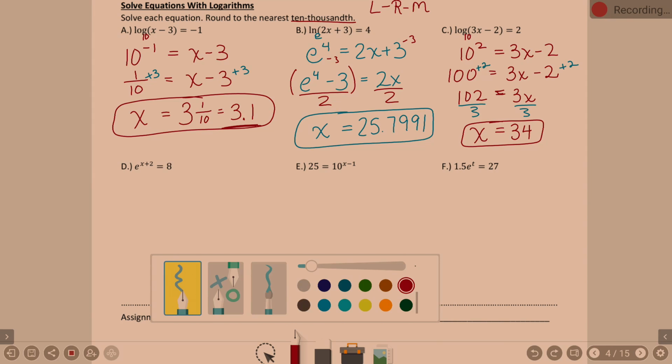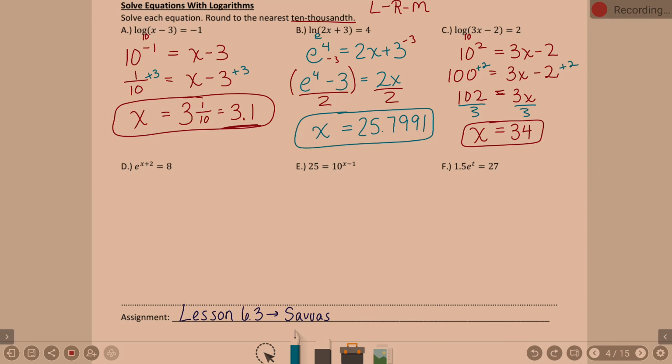If we're going into log form, okay, you can think left, right, middle, right? Or the way I kind of think about it is my base stays the same. So the base of the exponent is now the base of my log. I'll have to deal with that issue in a moment. So I'm going to write log base e, and then what happens with the x plus 2 and the 8?